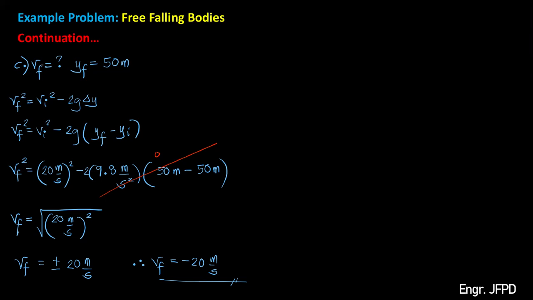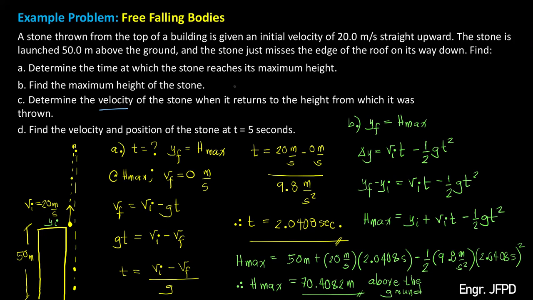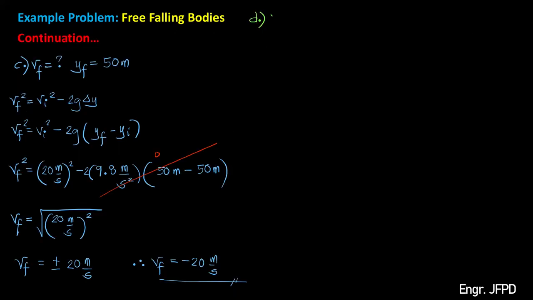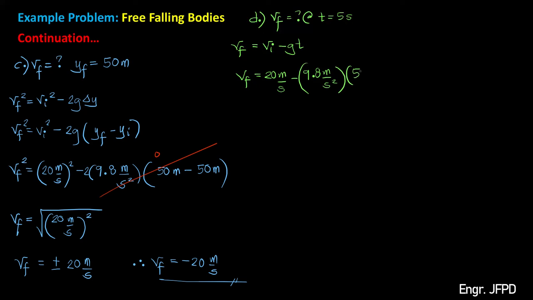Then, for the letter D problem, let's go back to our question. For letter D problem, find the velocity and the position of the stone at a time of 5 seconds. Solving for the final velocity at a time of 5 seconds, just simply use the formula for vf, wherein this is vf is equal to the vi minus gt, wherein we have the initial velocity of 20 meter per second, the acceleration due to gravity of 9.8 meter per second squared, and for the given time, that is 5 seconds.